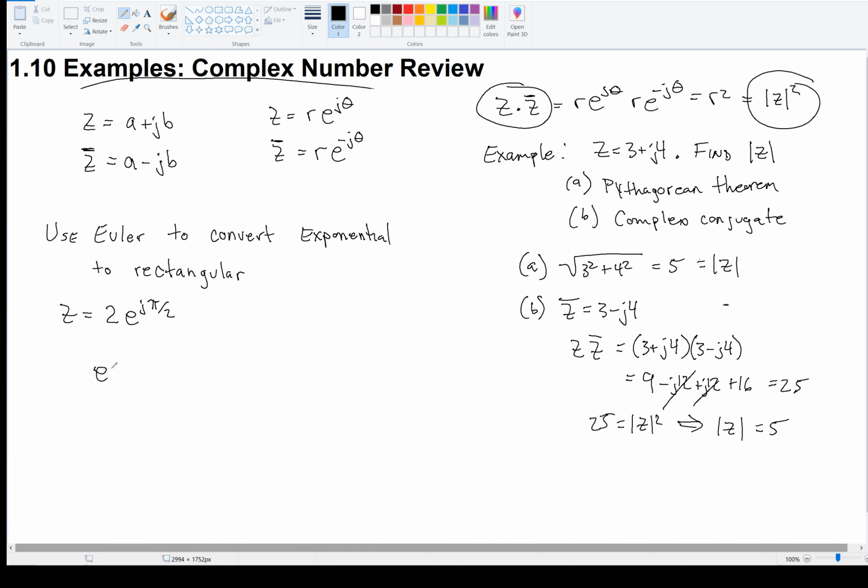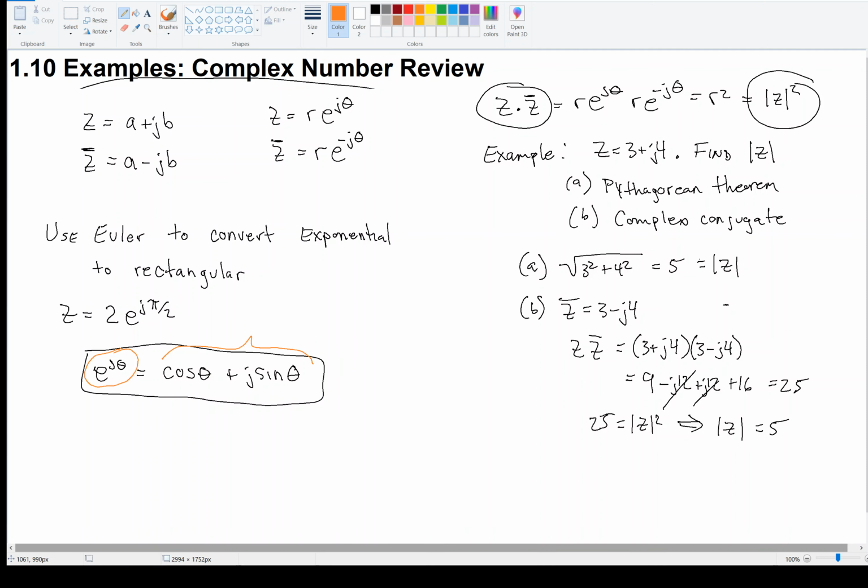Well, remember that e to the j theta, according to Euler, is cosine of theta plus j sine of theta. Right? That was Euler's formula. But look at what we have here. We've got exponential on the left, and then we've got real and imaginary on the right. So we've got rectangular on the right.